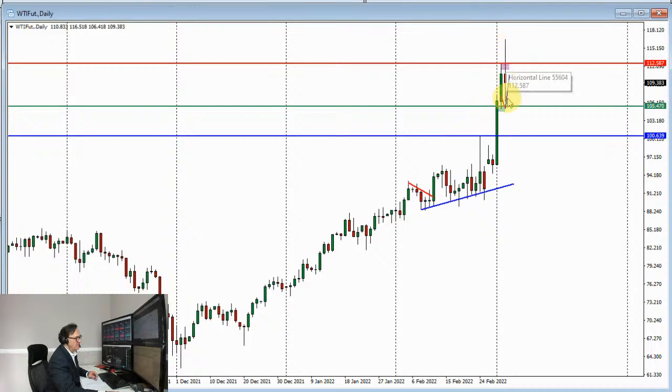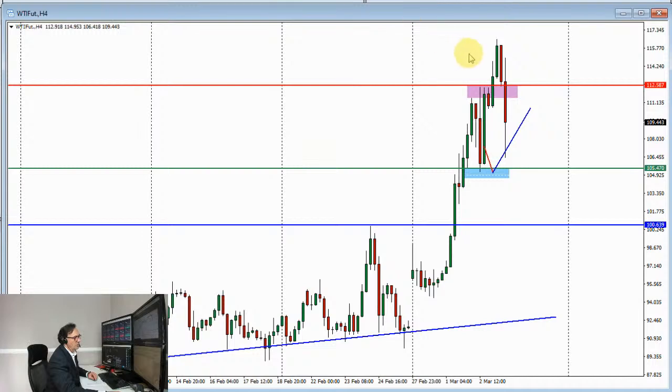Now you're seeing this massive trading range. US traded crude oil went up to 115, 116 dollars per barrel. I think Brent went through 120 as well.